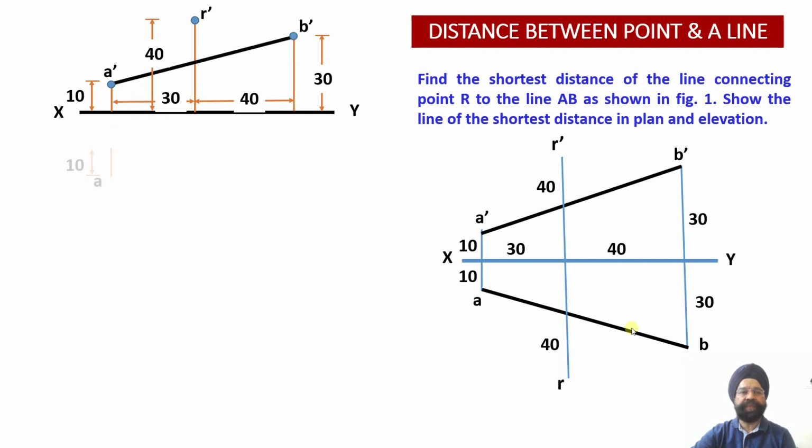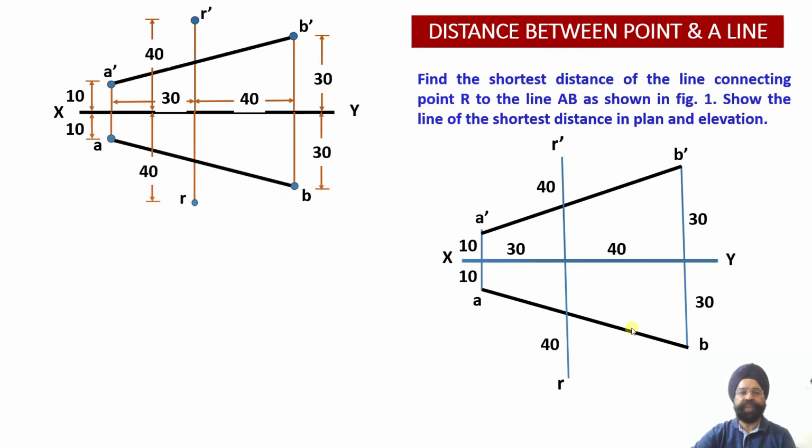Similarly, the coordinates for a, r and b have been drawn. This is the data which was available with us. These are the projections of the oblique line. A dash B dash is the apparent length in elevation, and ab is the apparent length of the oblique line in the plan.